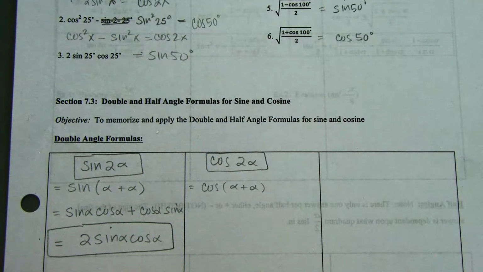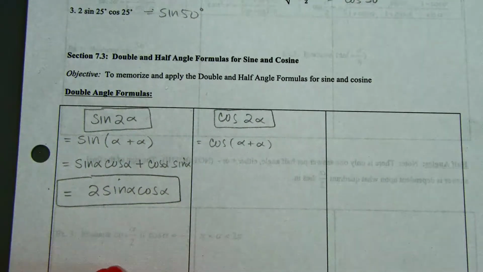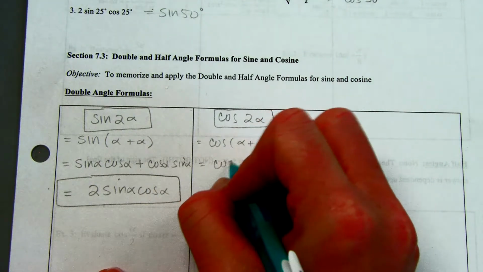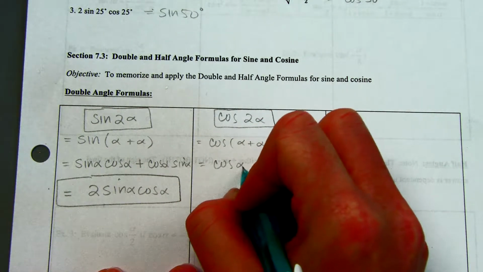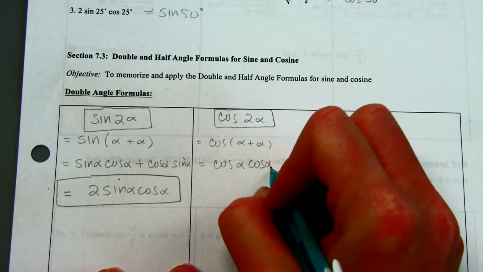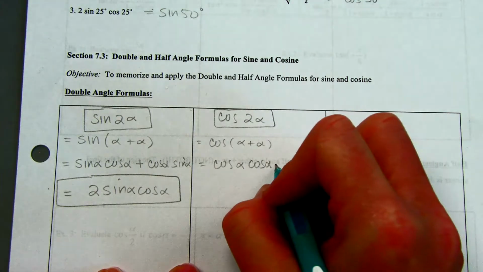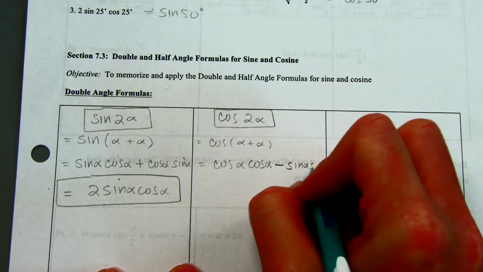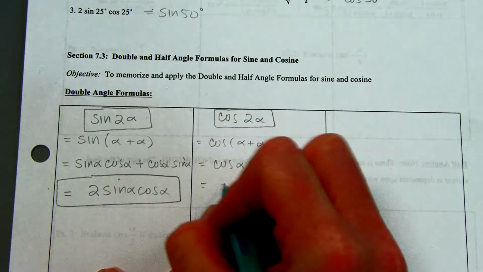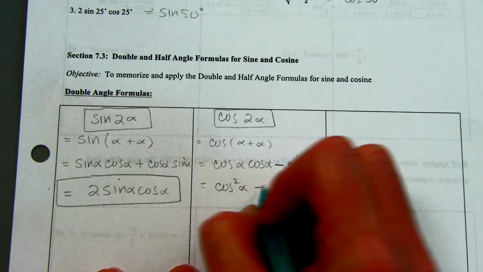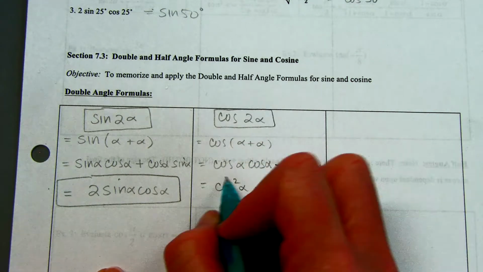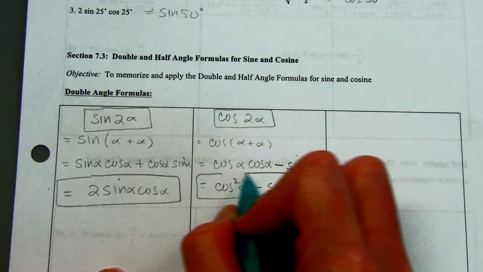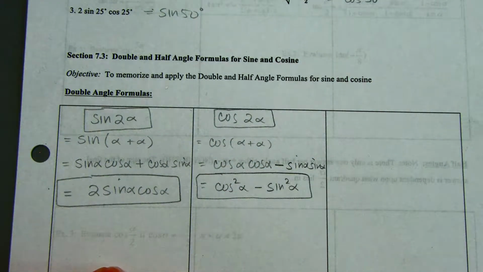I can write this as cosine alpha plus alpha, and then using my addition formula, cosine alpha plus or minus? Minus sine alpha sine alpha. Well, that turns into cosine squared alpha minus sine squared alpha.